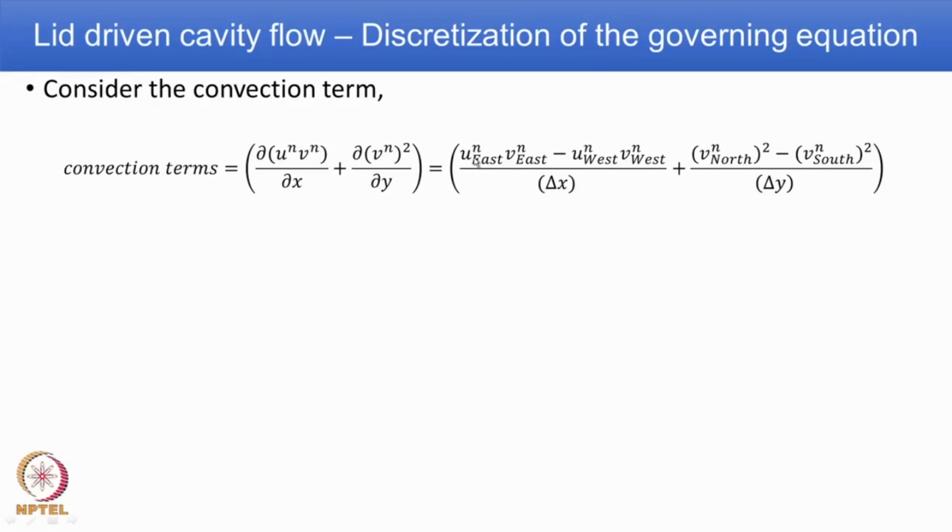So, we have u east at nth level, v east at nth level minus u west at nth level and v west at nth level, divided by delta x. Similarly, for the second term, we have v north at n time level squared minus v south at n time level squared, divided by delta y.